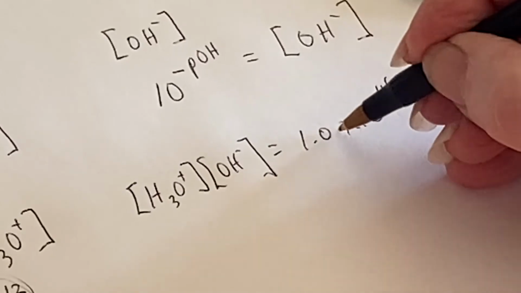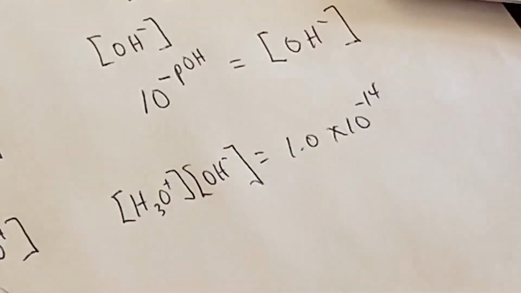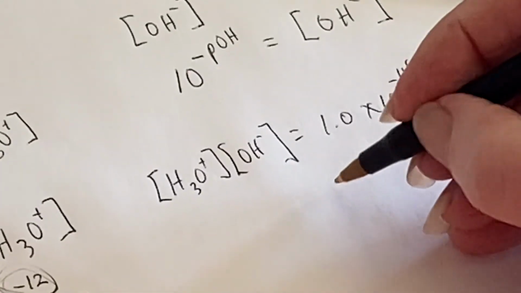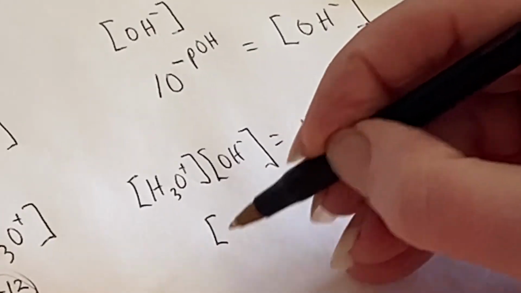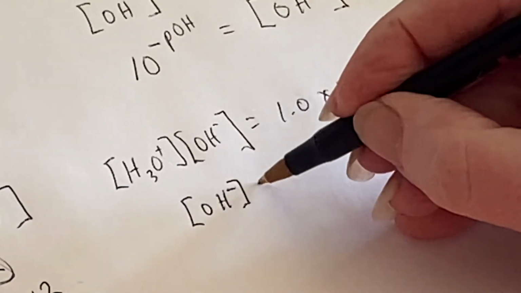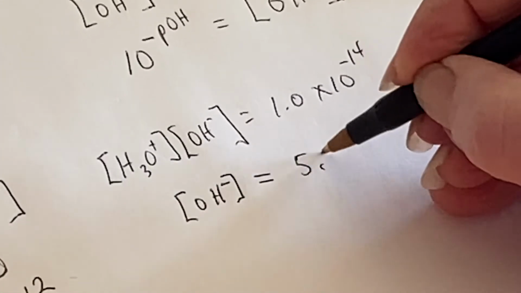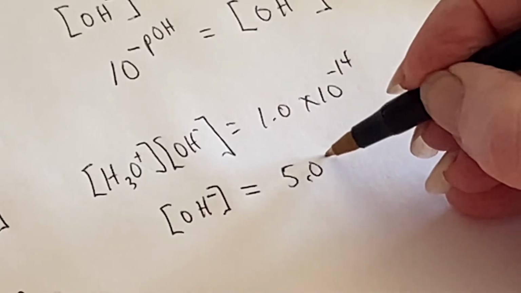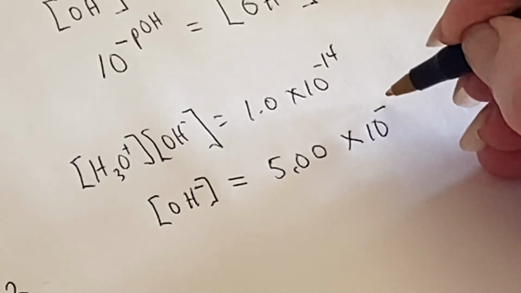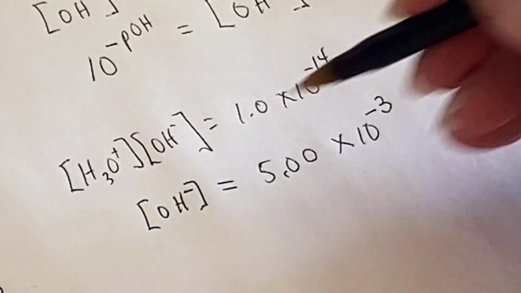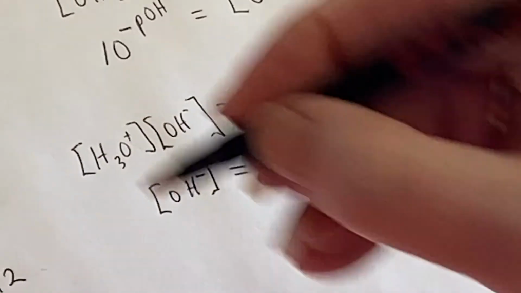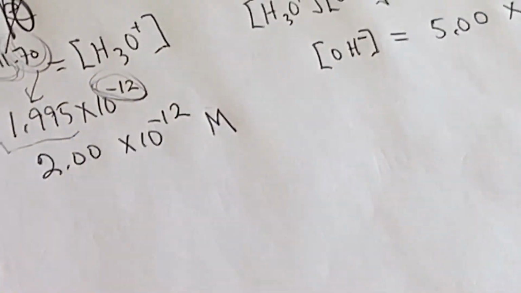You're allowed to use more zeros here for more sig figs, but we're sticking down here to this. We would end up saying then that the hydroxide ion concentration should end up being 5.0 or possibly 5.00 times 10 to the negative third. And both of these are concentrations, so you should expect to say molar so that you know the units of the concentration.